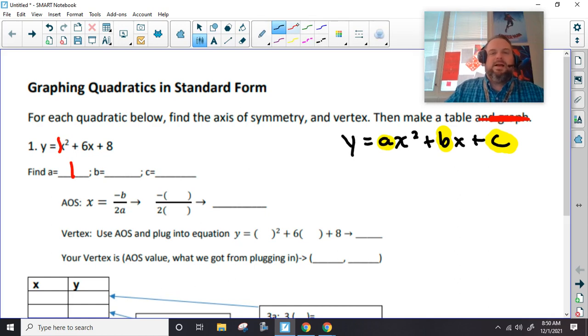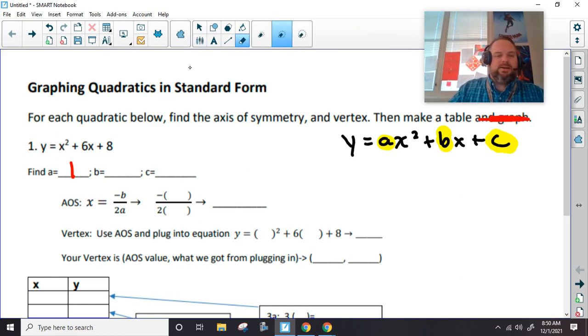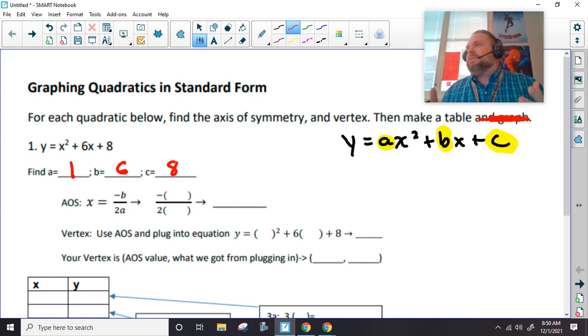Okay. All right. So 1 is actually our A for this one. All right. B, what's the number in front of this X? 6. Okay. What's the lonesome number? 8. All right. So a lot of the stuff that we did yesterday about saying the A, B, and C is actually, we're using that today, believe it or not.